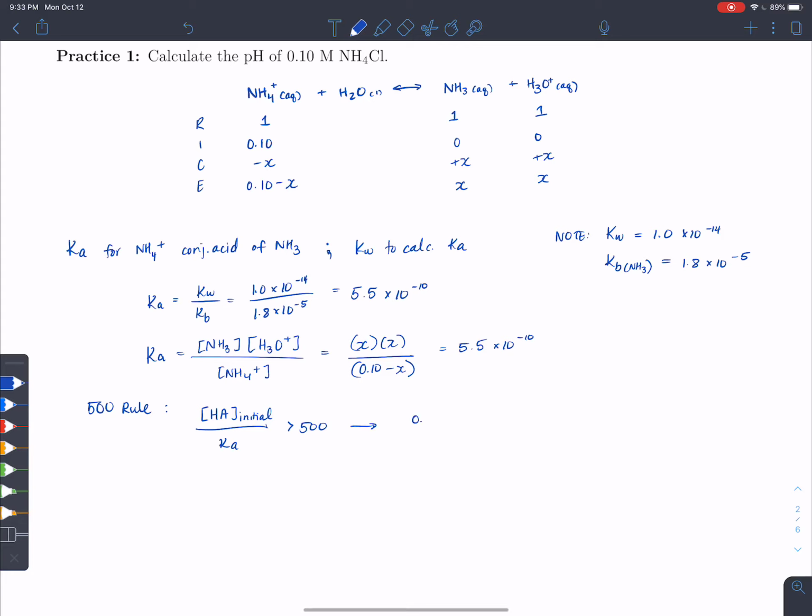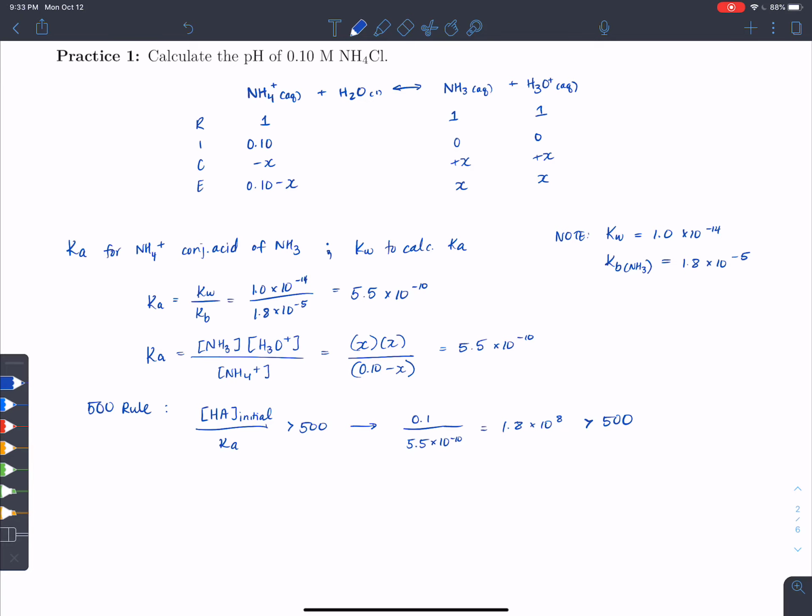We know that the initial concentration of my acid was 0.1, and I know that the ionization constant of my acid is 5.5 times 10 to the power of negative 10. So I'm going to solve for that, and I get 1.8 times 10 to the power of 8. And we know that this value is actually much greater than 500.